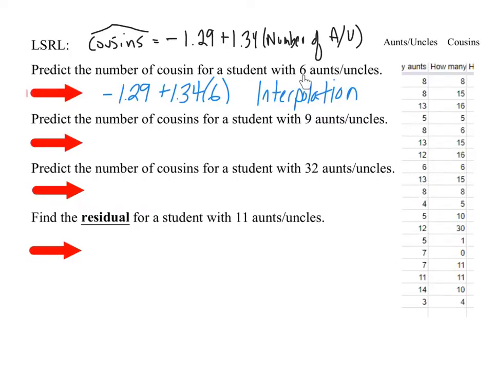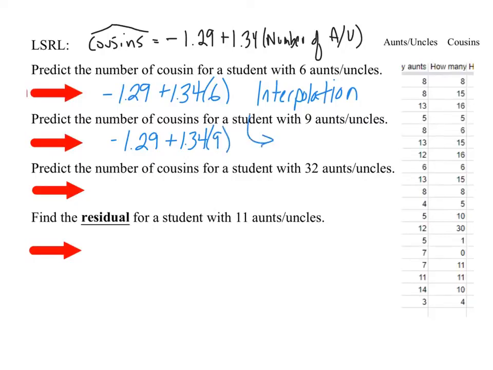So 6 is inside that, right? That's inside the data we have. So that's why it's interpolation, inside. So predict the number of cousins for a student with 9. Again, this is really the same type of thing, negative 1.29 plus 1.34 times 9. And again, this is interpolation, okay?